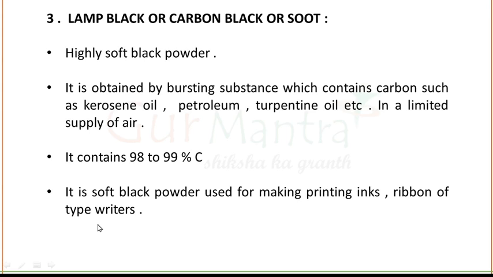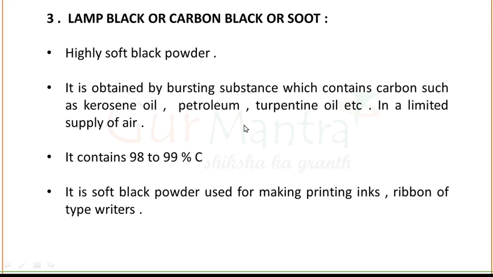Next is lamp black, or carbon black, or soot. This is a highly soft black powder. Carbon black is a material produced by incomplete combustion of heavy petroleum products such as FCC tar, petroleum, kerosene oil, turpentine oil in a limited supply of air.